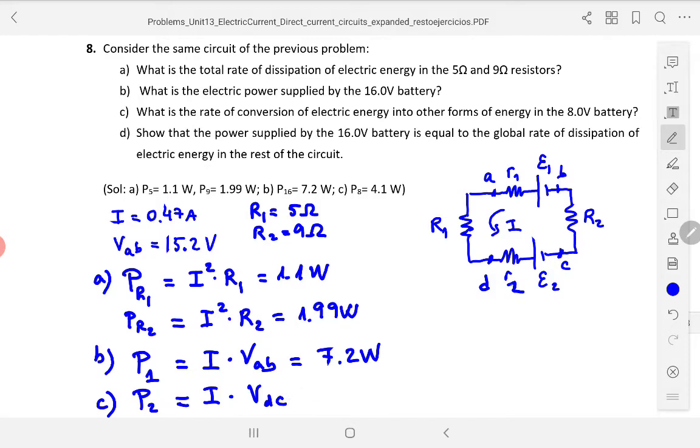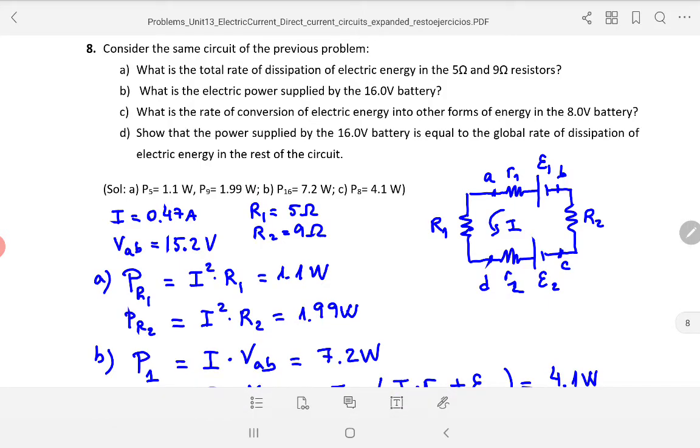This is the intensity times the potential drop across both. So this potential drop is equal to the intensity times the small r2 plus epsilon 2. And if you do this calculation, this provides 4.1 watts.